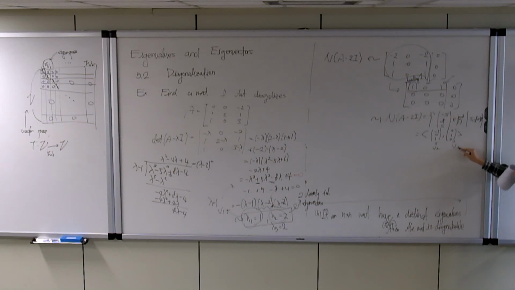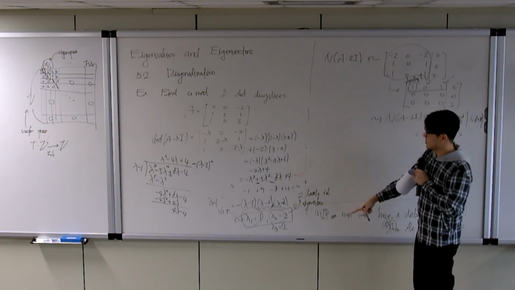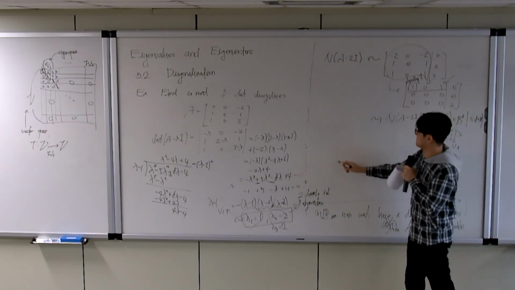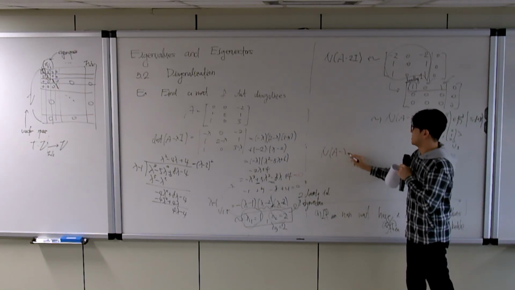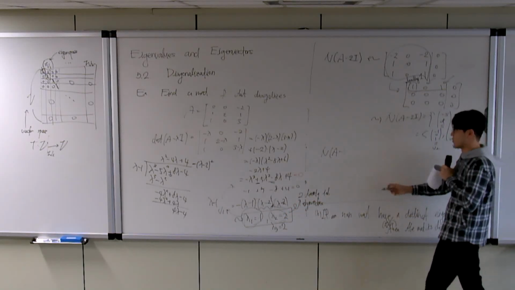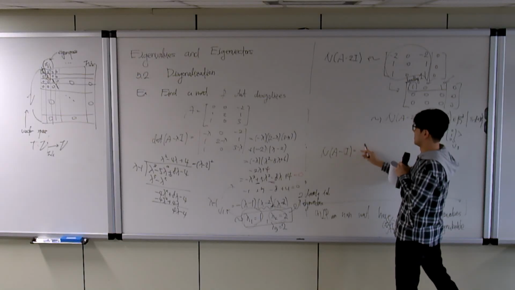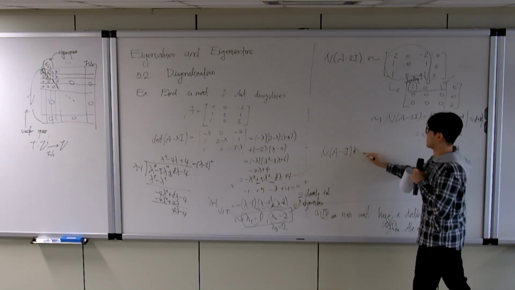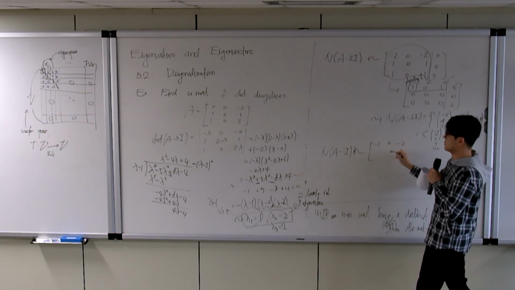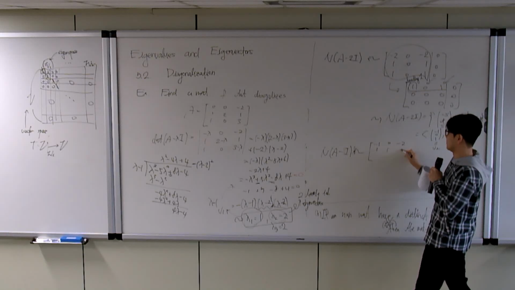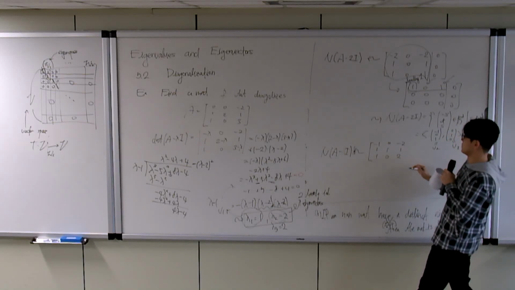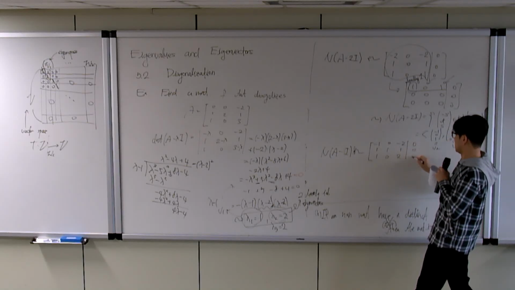So the matrix A could be written with P inverse, where P is v1, v2, v3. I will write minus 2, 1, 1, and v2 was minus 1, 0, 1, and v3 was 0, 1, 0.